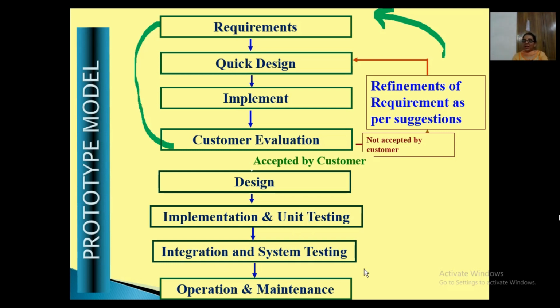Now you can see here, till the time the customer does not accept the product completely, the design, implementation, integration and system testing, operation and maintenance are not even followed up. So you can call this cycle 1 and this cycle 2. There is a huge difference from the earlier models here. Till the time the customer does not give a green signal to all the functionalities of the system in the prototype, further implementation and testing are not even taken up.